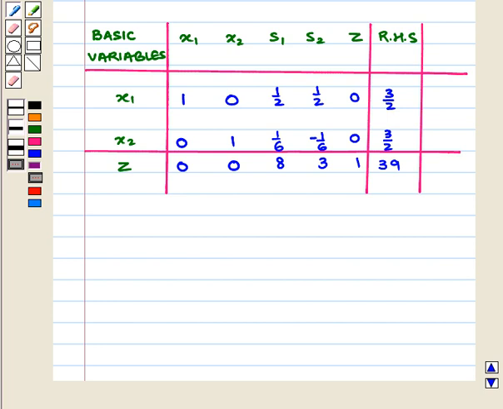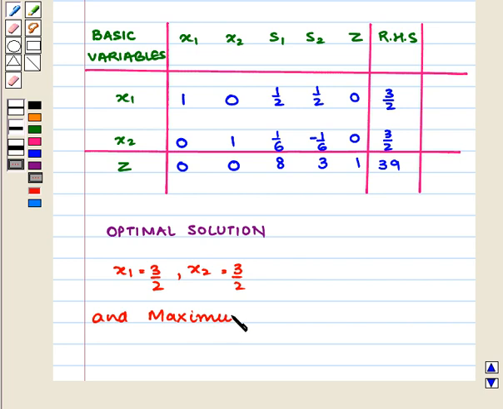Now all the values in the bottom row are positive, so we have arrived at an optimal solution, given by x1 equal to 3 by 2, x2 equal to 3 by 2, and maximum value of z equal to 39.